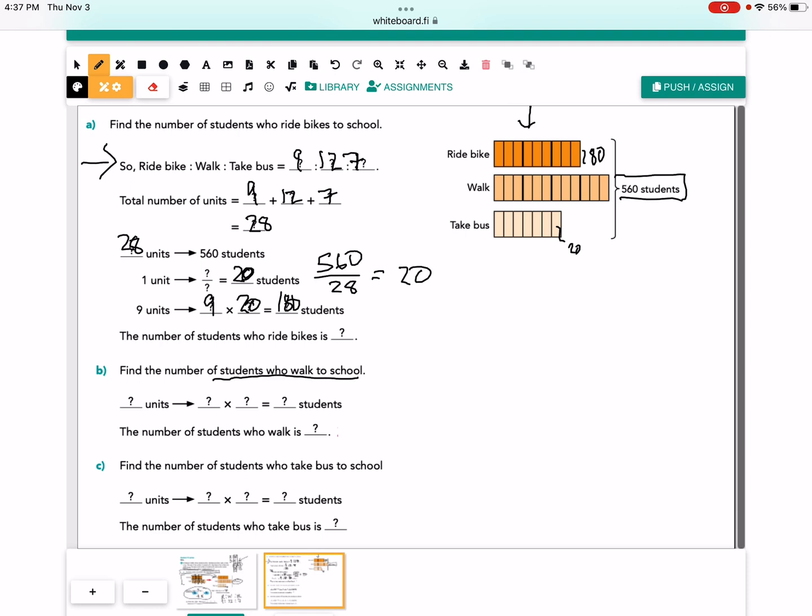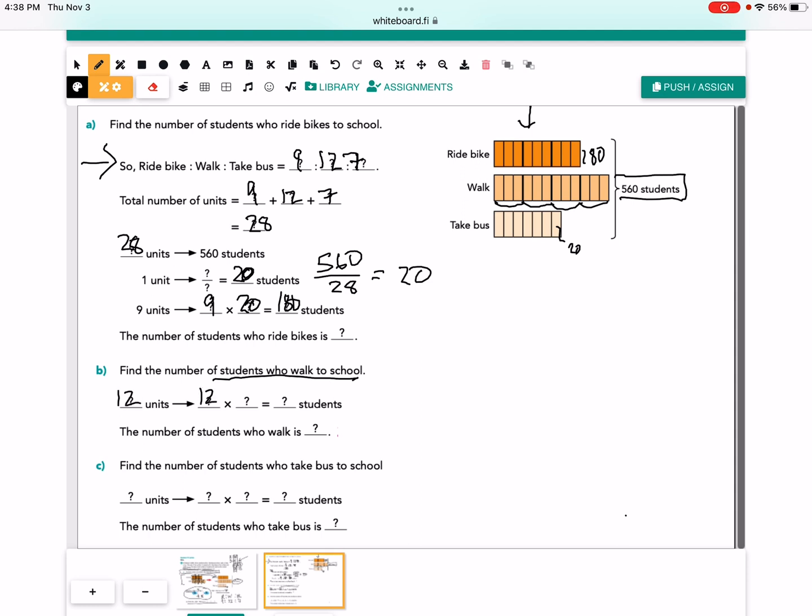So the next thing says, find the number of students who walk. Well, how many units are there for walkers? As you can see here, we have 4 groups of 3, which is 12 units of walkers.